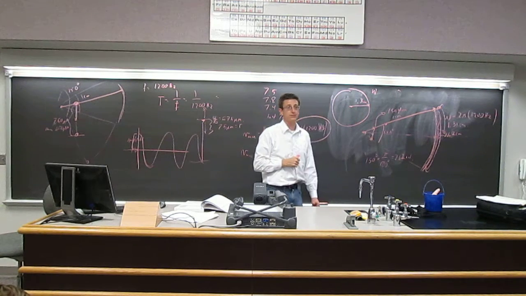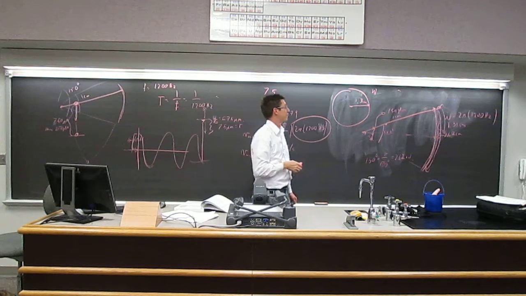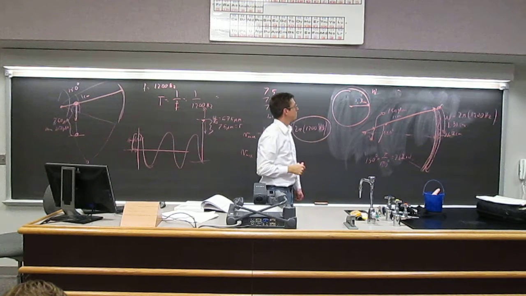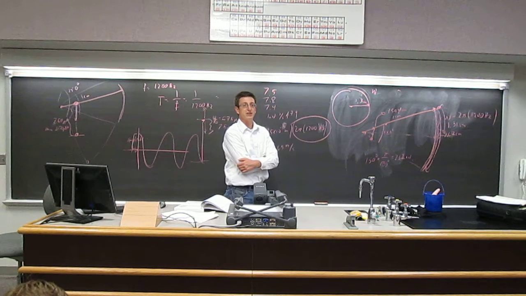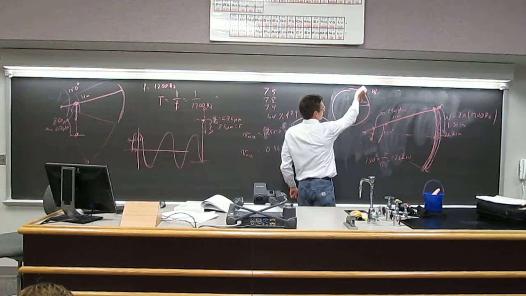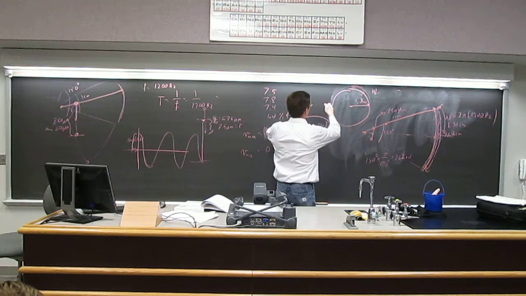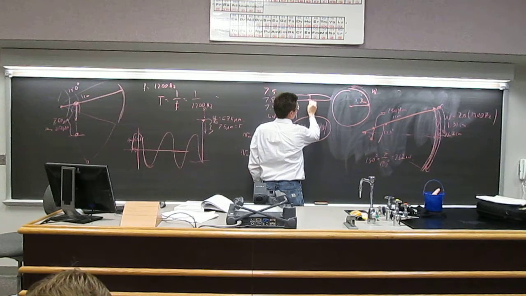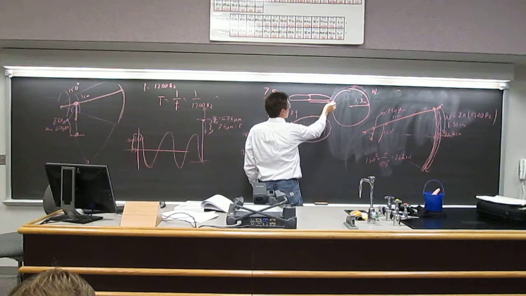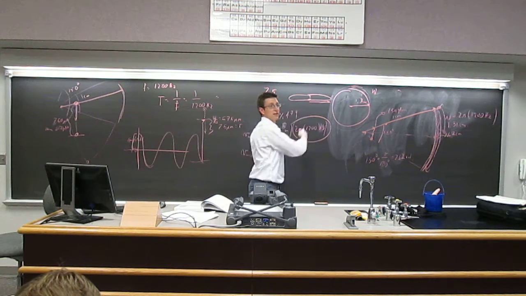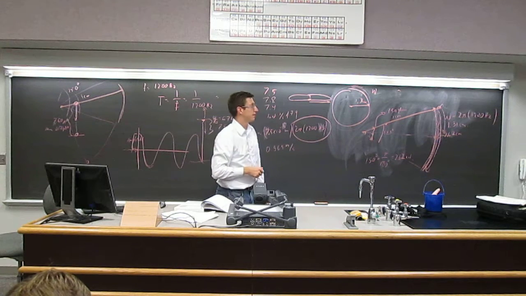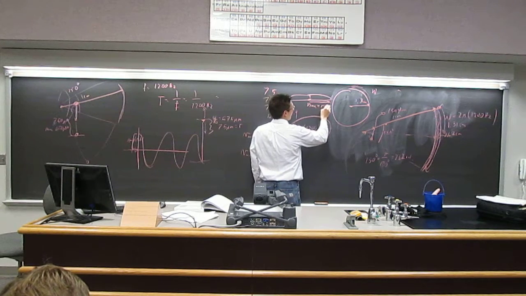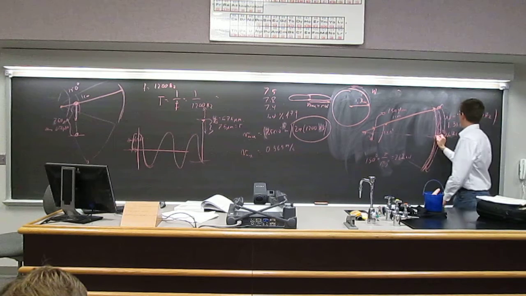So what's the maximum speed we would see? If I look at it from the side, I see a point on the edge of this circle moving around, executing simple harmonic motion in that direction. It'd be r omega, so V max is r omega. That's the maximum speed at this point.